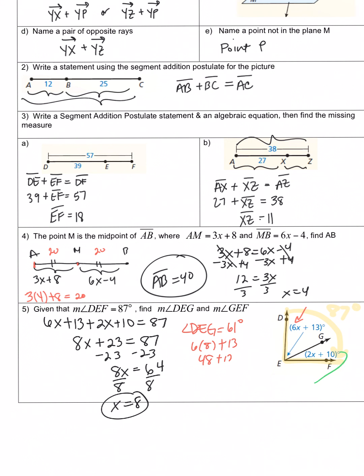For angle GEF, I plug in 8 also, so 2 times 8 plus 10. 2 times 8 is 16 plus 10. That's 26 degrees. And then you can check back. Is 61 plus 26 87? And the answer is yeah. So we did a great job. Let's move on to the next page.